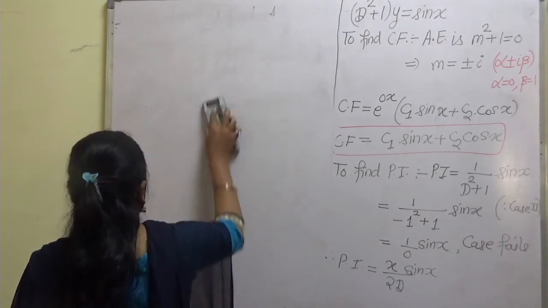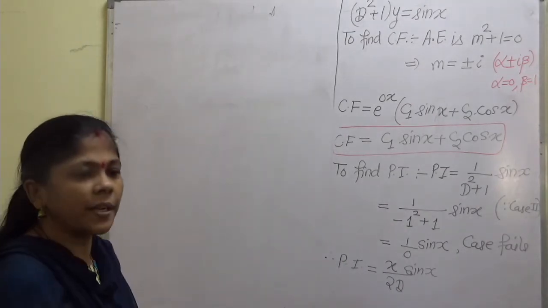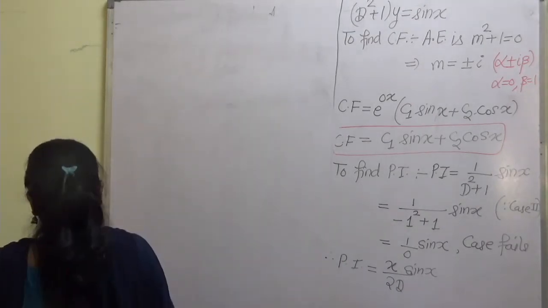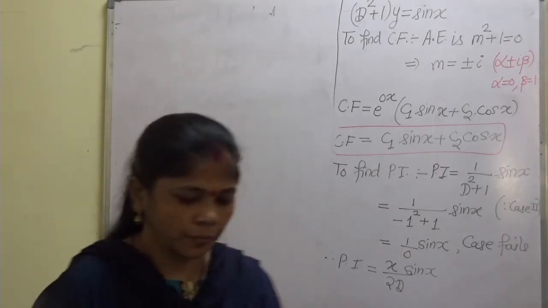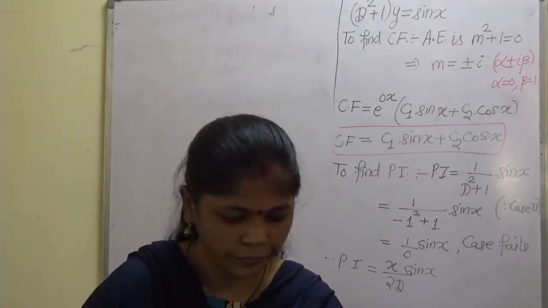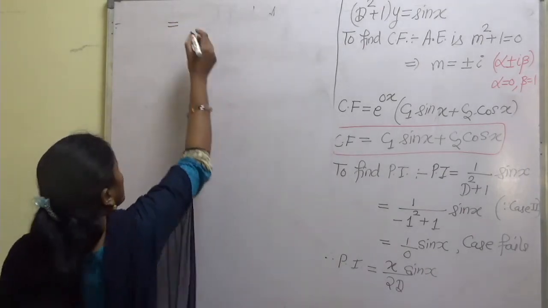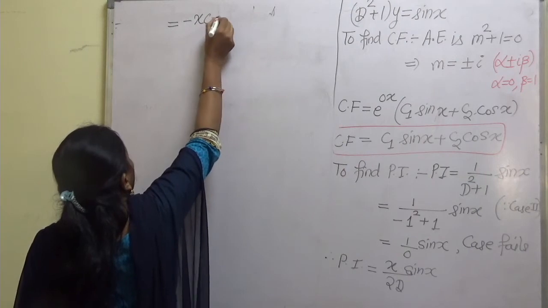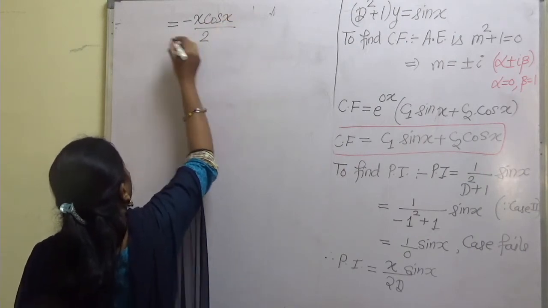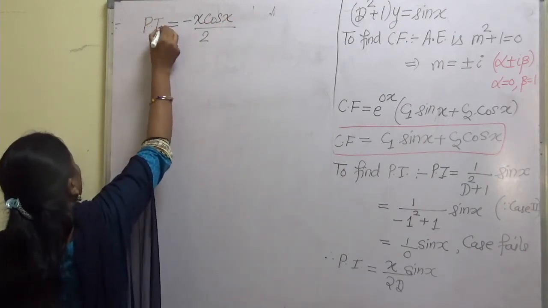So it is the integration of sin x. What is the integration of sin x? That is equal to minus cos x. So what we have is minus x cos x by 2. This is the particular integral.